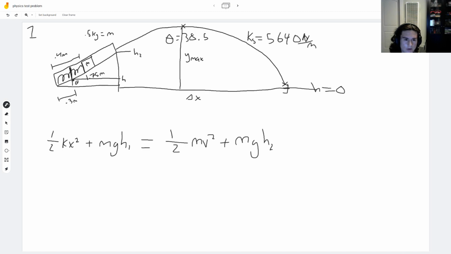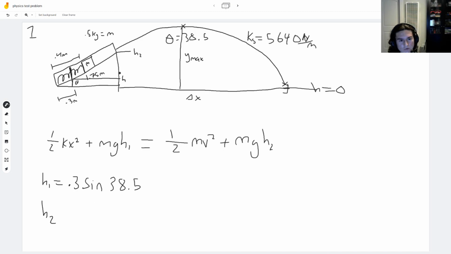For height 1, I'm going to take the sine of the angle with the distance. We know the spring is compressed to 0.3 meters, so the pinpoint mass will be at 0.3 meters as its hypotenuse. So height 1 equals 0.3 times the sine of our angle, 38.5, because we want this up and down length. So that's our height 1.